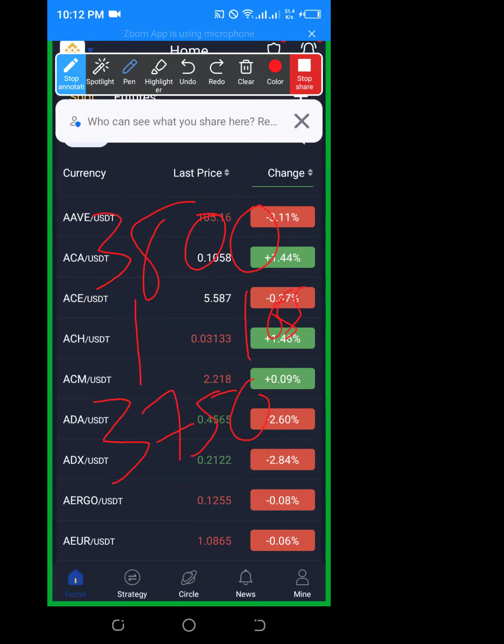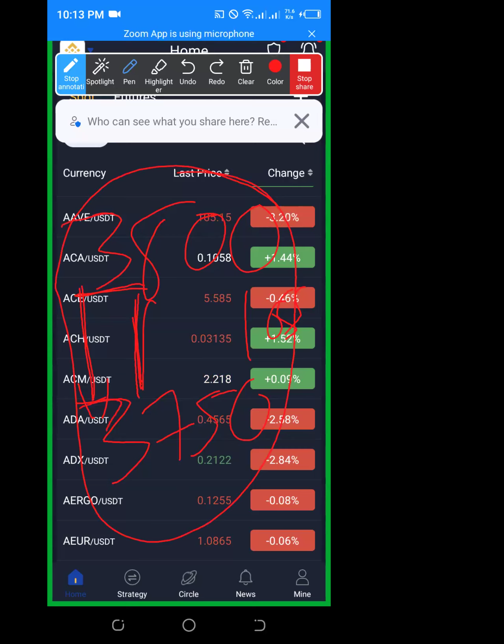You bought the asset from here, then it fluctuated, and now this is its value. It means you've made a loss. So this is the fluctuation in the market. This is just an example. If you buy the asset at 3,800 and its value goes down to 3,750.